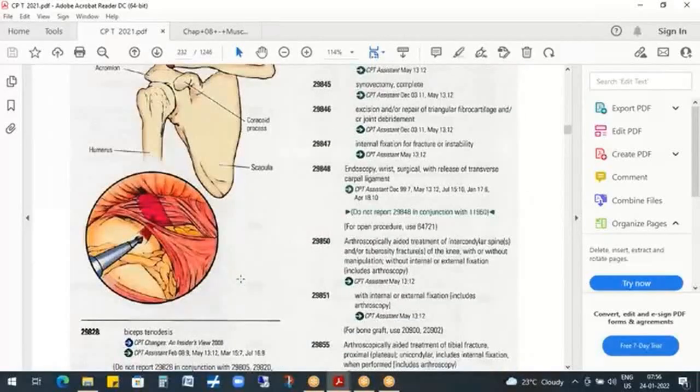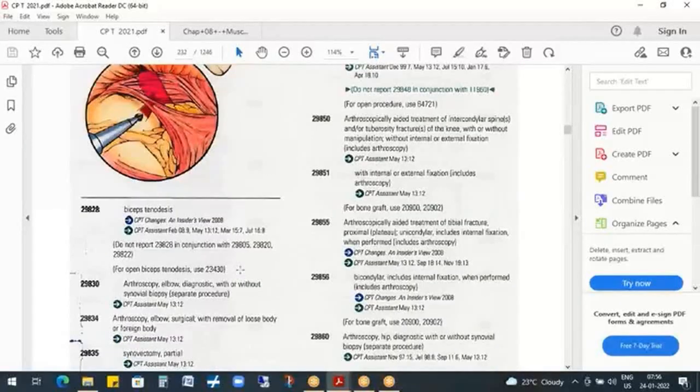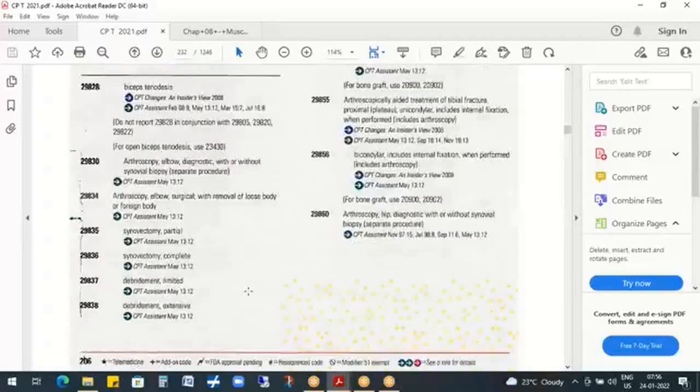Those are the three important codes. And 29828, bicep tenodesis. Can anyone in the class say what desis means? Desis means binding or fusion. 29828.